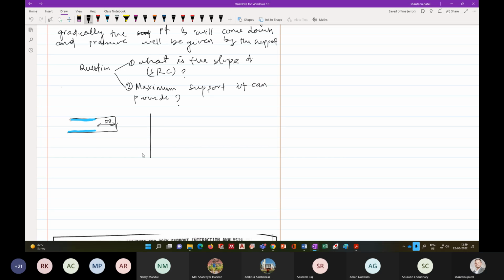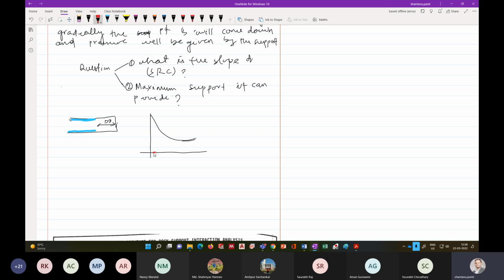Let's say this is our support reaction curve. If you provide the support very early, it means your displacement will be very little, right?